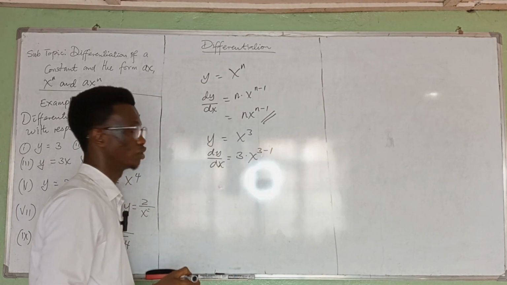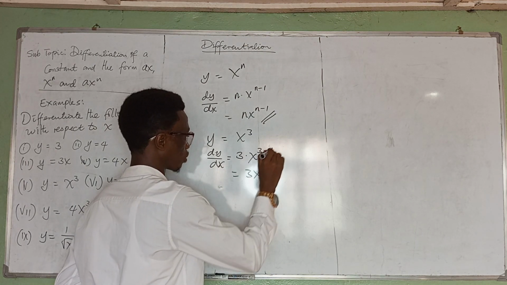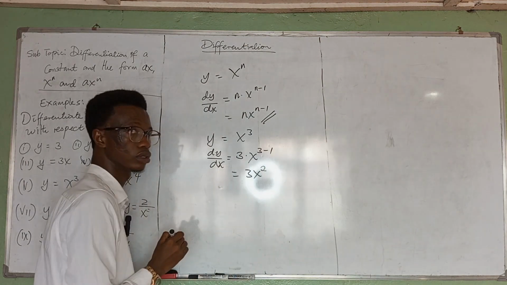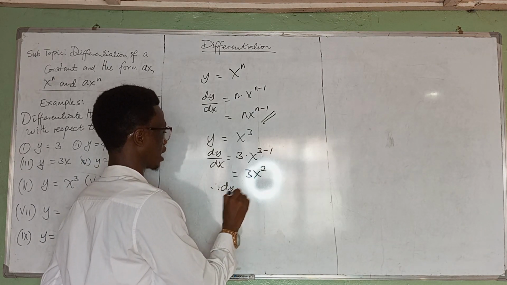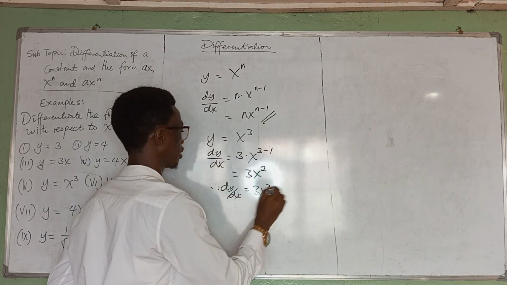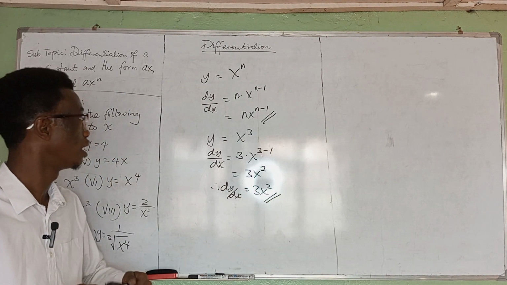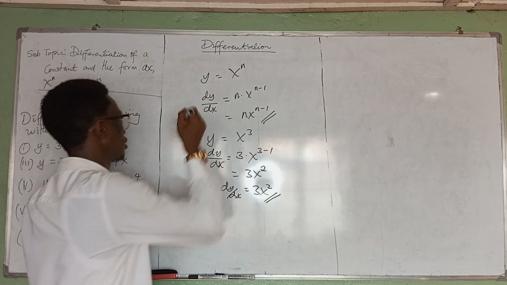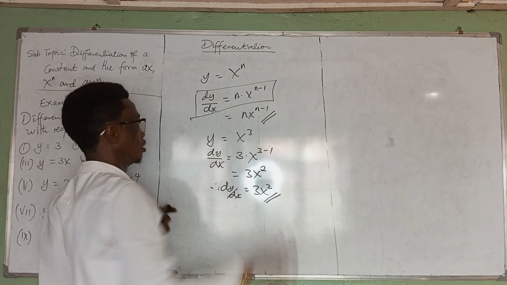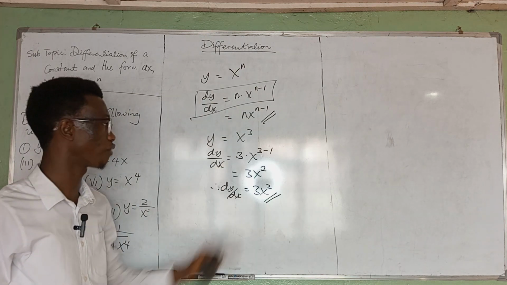Okay, so now this becomes 3 multiplied by x, and we subtract, this becomes 2. Okay, so therefore your dy by dx becomes 3x squared. So that's how we differentiate this form x raised to the power n. We take n, multiply by the coefficient here, and subtract 1 from n.